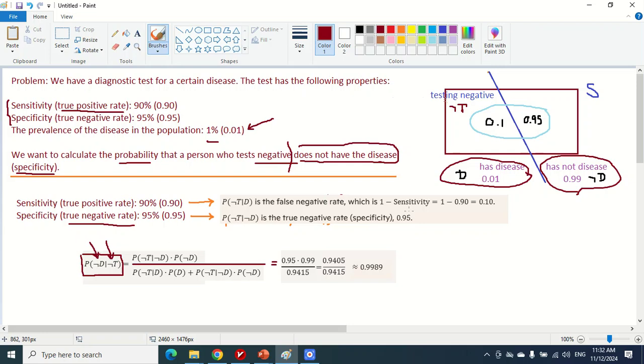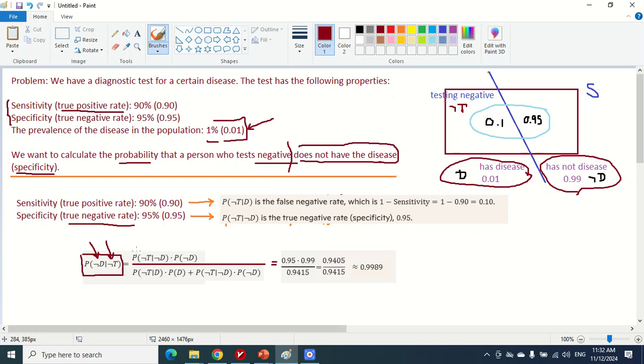So I partition the space into two parts. The person has the disease, denoted by D, and the negation of D denotes the people who do not have the disease. Based on the information given in the question, the rate of prevalence of the disease is 1%, so 0.99 is the probability of not having the disease, and 0.01 is the probability of having the disease.